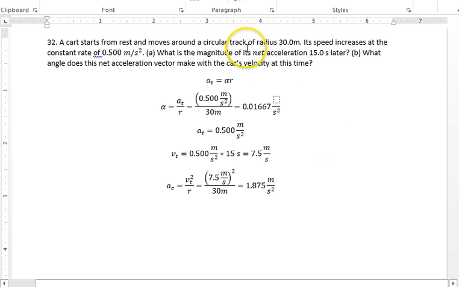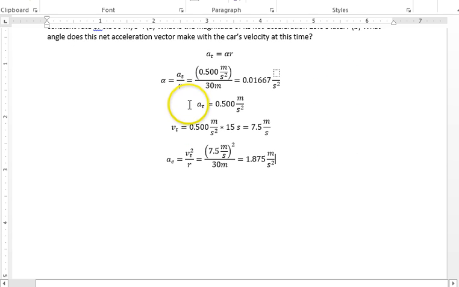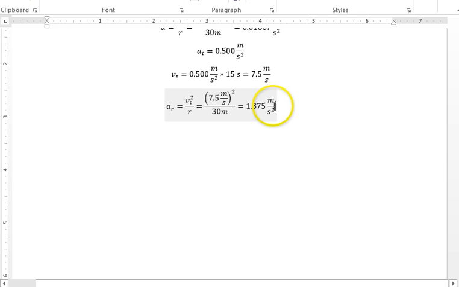Okay, what is the magnitude of the net acceleration 15 seconds later? So we have the tangential component, 0.5 meters per second squared. We have the centripetal, or in your book, the radial component, 1.875 meters per second squared.